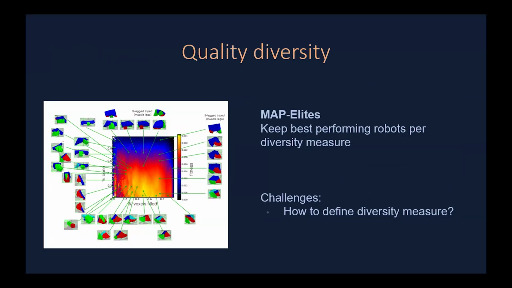But for example, here you have the percentage of bone tissue. So in voxel robots, you can differentiate between active voxels and solid voxels, or voxels that are not being actuated. These are then called bone tissues. And then you can use a bone percentage as the diversity measure.